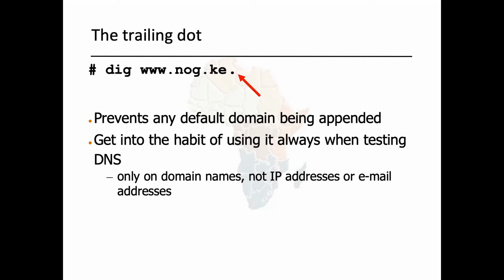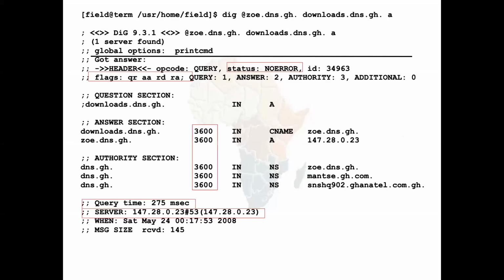Depending on how your operating system has been configured, if I type www.finance, it will automatically complete it and append the rest of my domain. That helps the OS, but when you're troubleshooting DNS, it can be a problem because you'll wonder what answer did I actually get? Did I get it for my domain or did I get something that's actually on the internet?